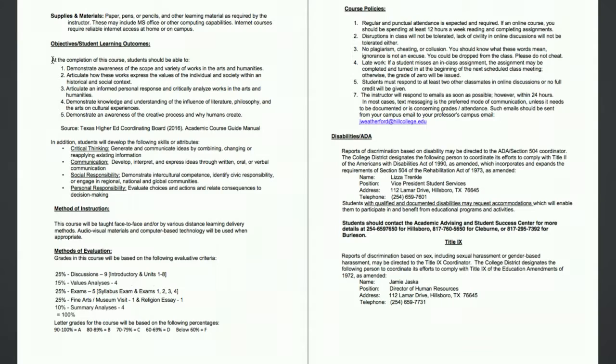Now here are our learning outcomes, objectives. Number 1, demonstrate awareness of the scope and variety of works in the arts and humanities. 2, articulate how these works express the values of the individual and society within a historical and social context.